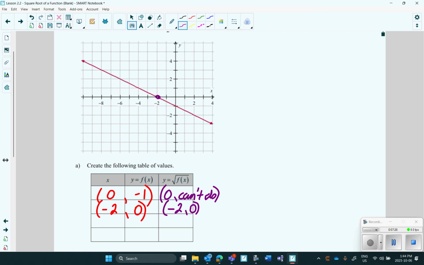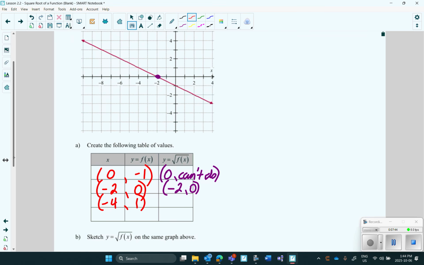Give me the next one moving up that we could easily take the square root of. -4, 1, right? Notice you guys are going to the ones where y is 0 and y is 1, because the square root of 1 is still 1. So we had -4, 1.